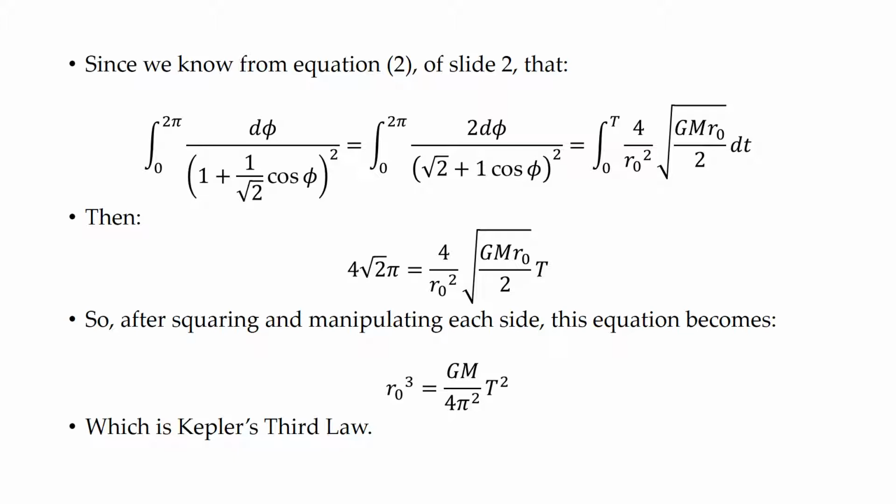Equating 4 times pi times the square root of 2 with the right-hand side of the integral in equation 2 of slide 2, and after squaring both sides and again manipulating the expression, we therefore obtain Kepler's third law, in which we see that the cube of the average radial component r sub 0 is proportional to the square of the period big T. Note that I used r sub 0 here because I have already used the letter A for something else earlier on.